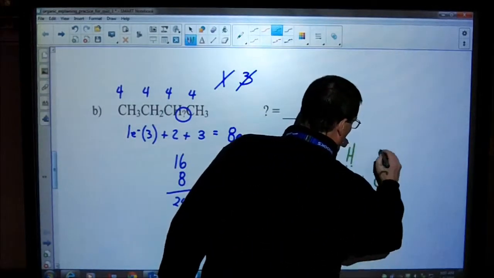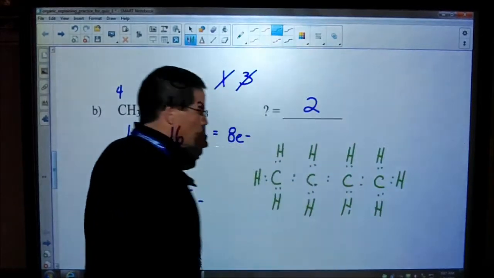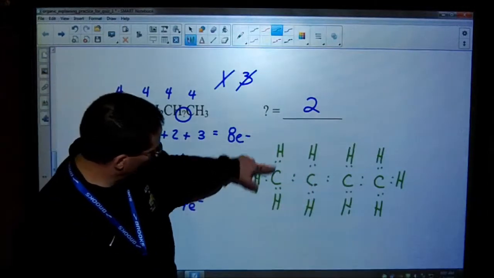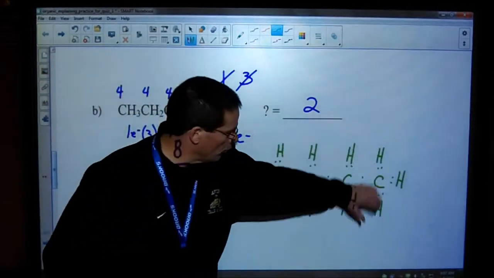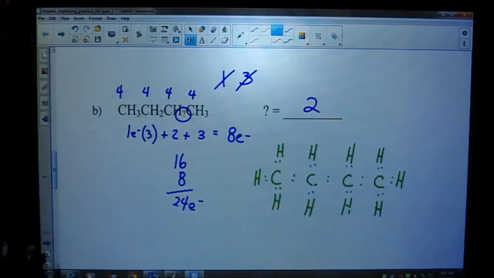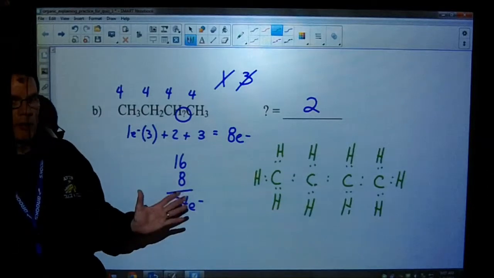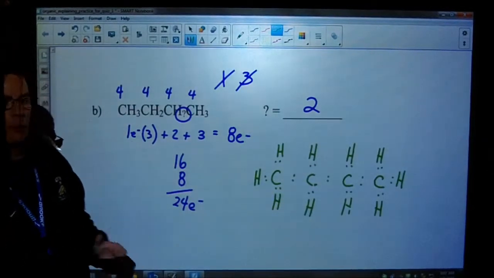And then the last one. When we look at this, all the carbons have 4 bonds. So we have 3 bonded hydrogens here, and a carbon's bonded to it, and so on and so forth. Okay? So the best option for this one is 2. Keeping in mind, Lewis structures, especially for organic chemistry, want to have an even number of electrons when you draw the Lewis structure.